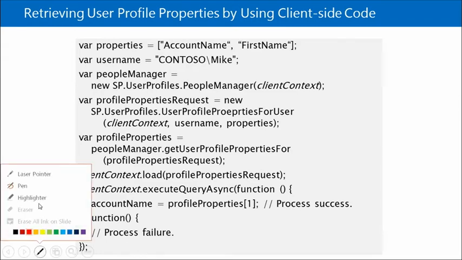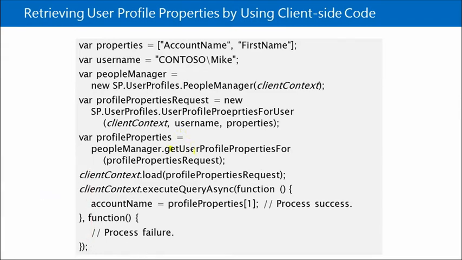Here, GetUserProfilePropertiesFor, and we passed in this profile properties request, which we built here with our properties array, which we built here with the account name and first name, right? So we load our payload here, and we execute our query. And in this case, I used an inline function, and I'm storing the account name that's returned from the profile properties.